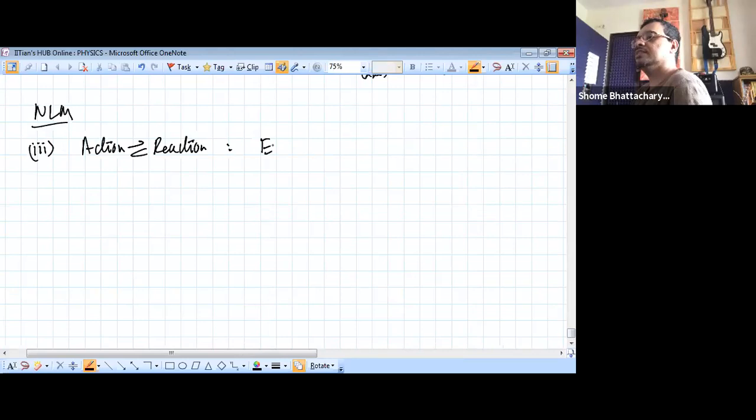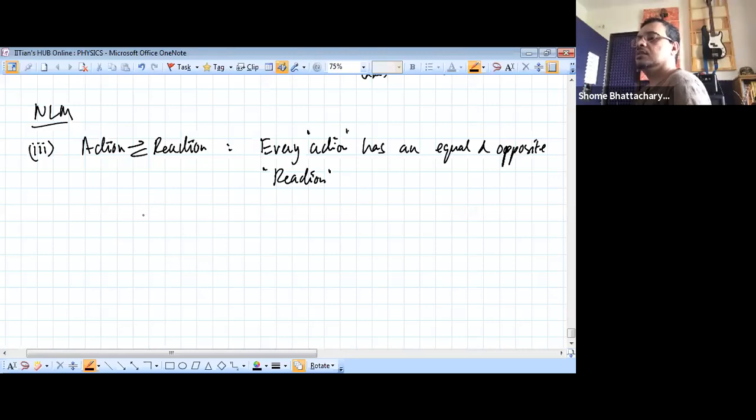It states that every action has an equal and opposite reaction. So we should understand this statement a little bit better actually.